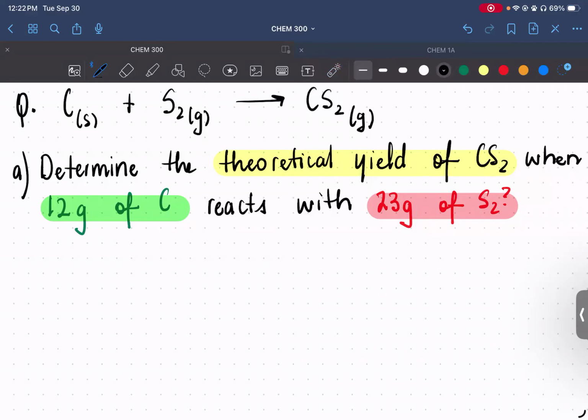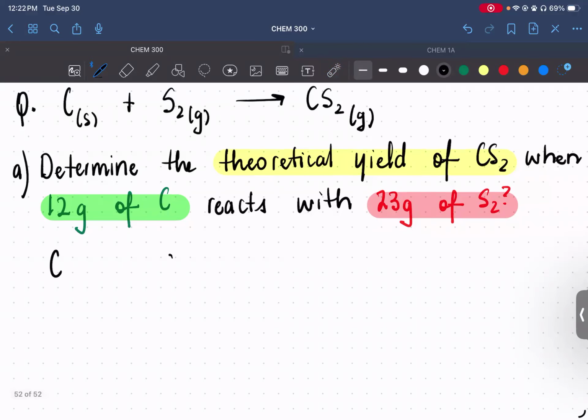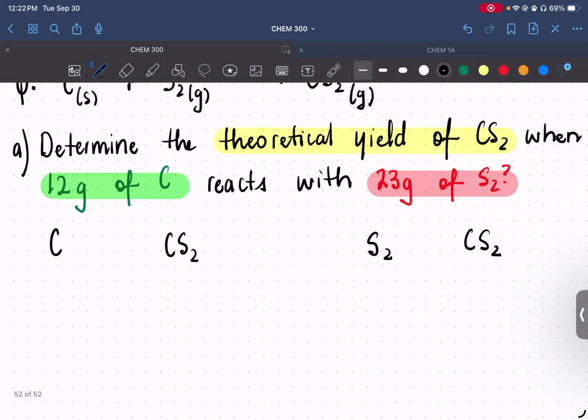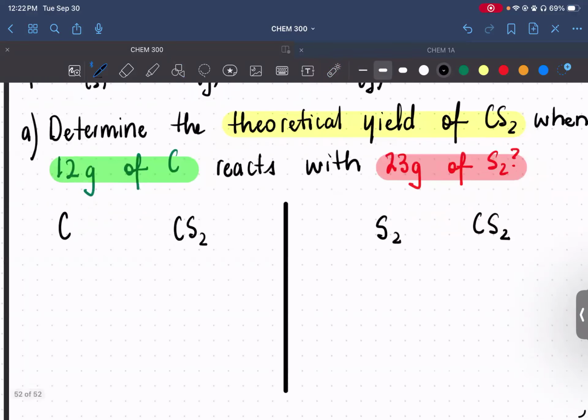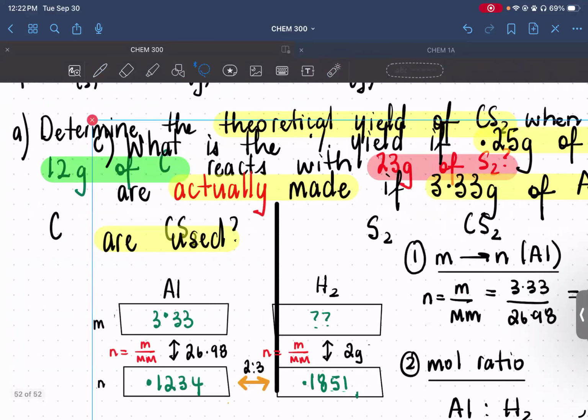Regrettably, you're going to draw 2 roadmaps. You're going to draw a roadmap connecting each reactant to the product, and we're going to do 2 roadmaps in total. Whoa.